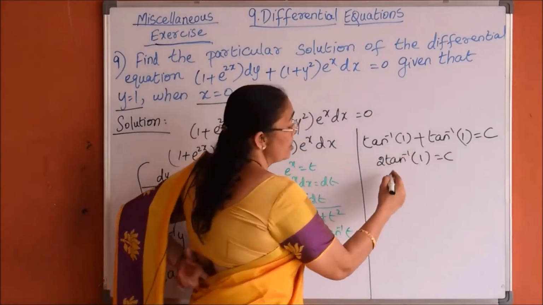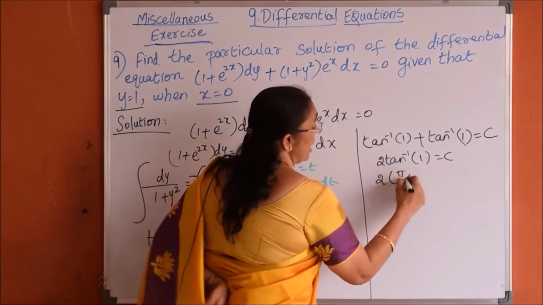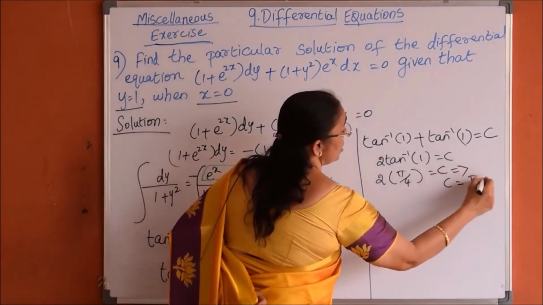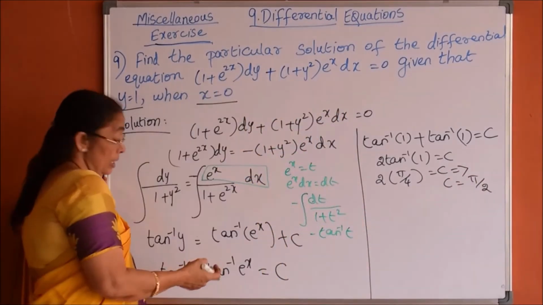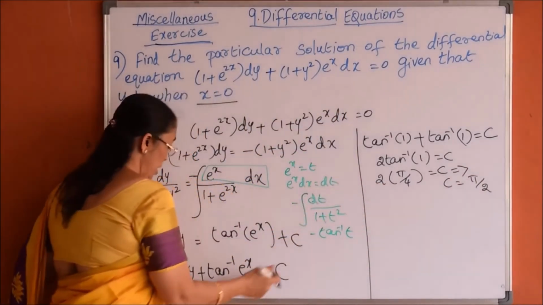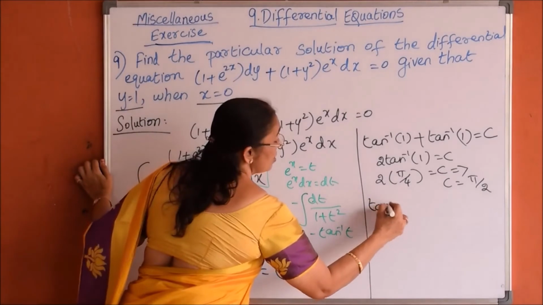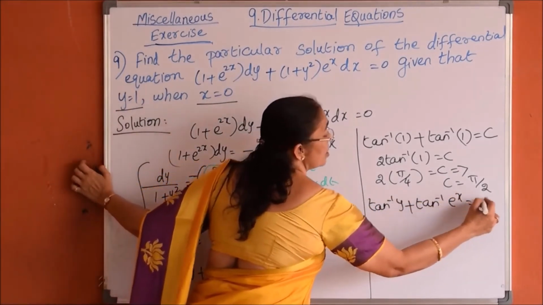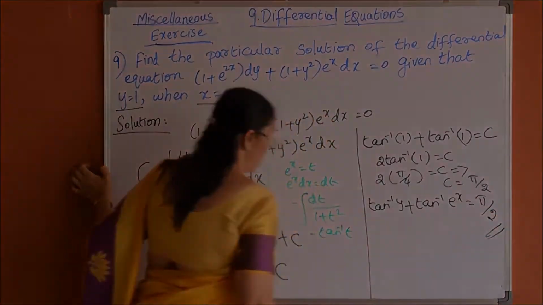Tan inverse of 1 is pi by 4, 2 times pi by 4 is c, which implies c value is pi by 2. Therefore, by substituting c value here, we get tan inverse of y plus tan inverse of e power x is equals to pi by 2.